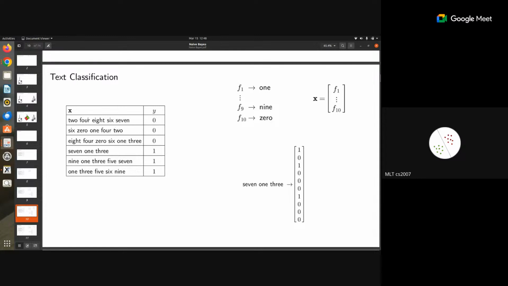If I get this kind of text, 2, 4, 8, 6, 7, the label corresponding to it is 0. 60142, the label corresponding to it is 0. 840613 is 0, and like that. If I know this kind of content is there on the left side, which is the feature, I know exactly the label associated with that.